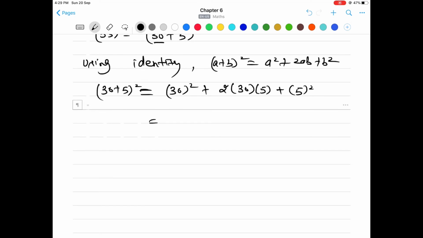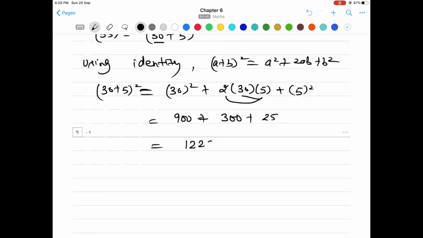Now the square of 30 is 900, and 2 into 5 is 10, and 10 into 30 is 300, and 5 square is 25. When you add these numbers, 900 plus 300 is 1200, so it will be 1225, which is the square of 35.